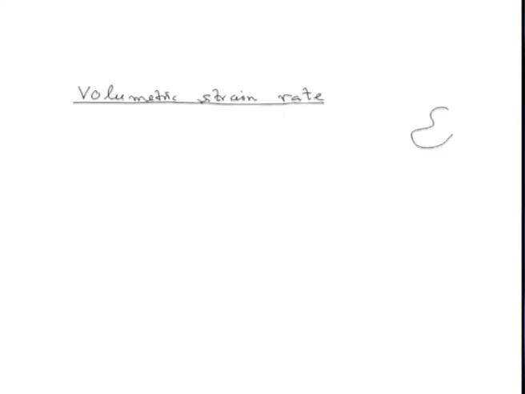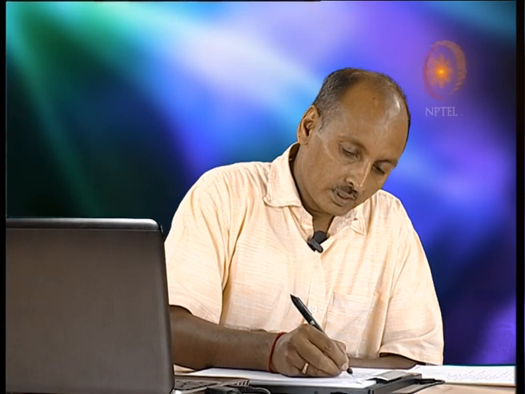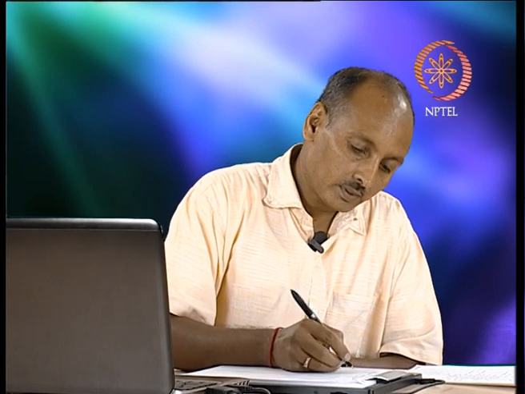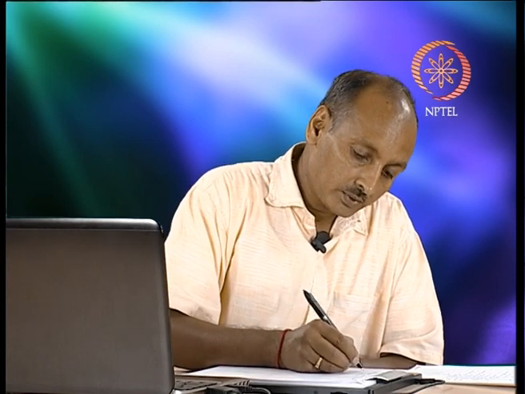Suppose we take a small volume, let us call it delta V. Now this delta V can be given by delta x1, delta x2, delta x3. So how do you define volumetric strain rate?